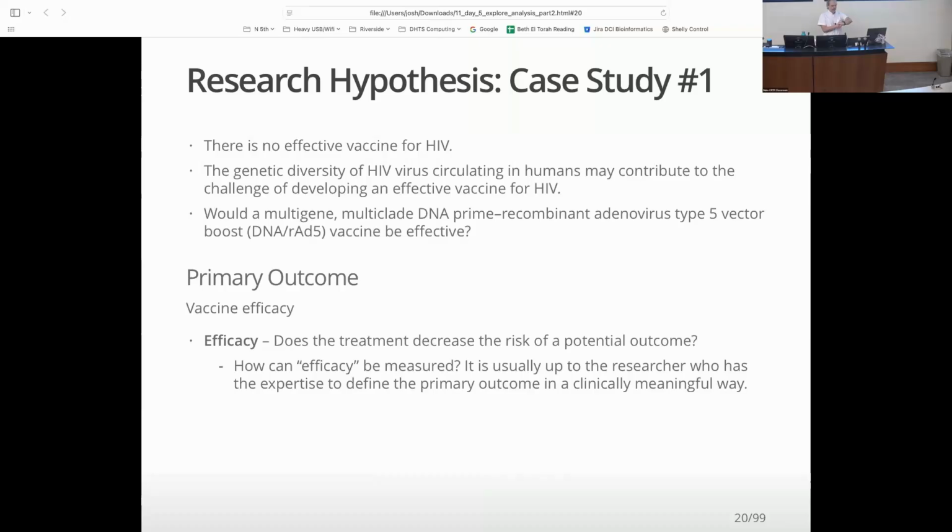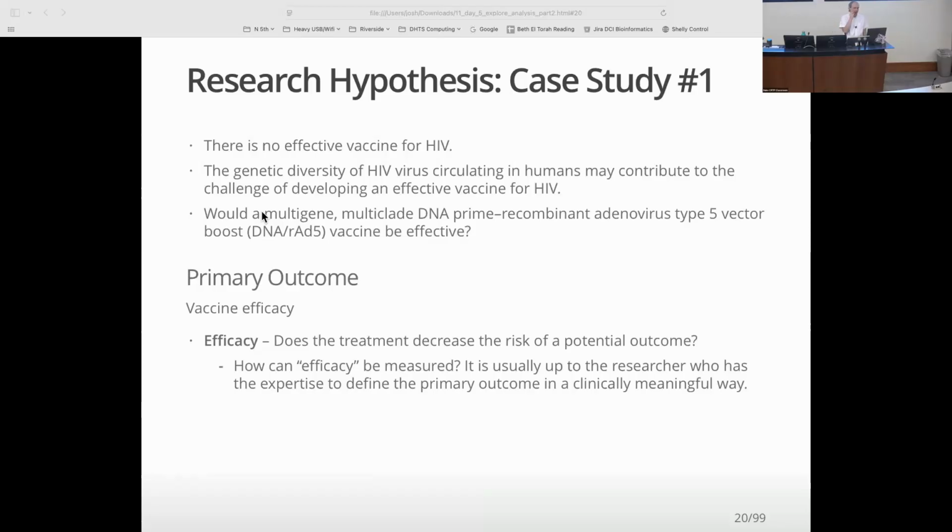Usually you have an alternative hypothesis, and the null hypothesis is basically that the alternative hypothesis is wrong, I think is one way of thinking about it.